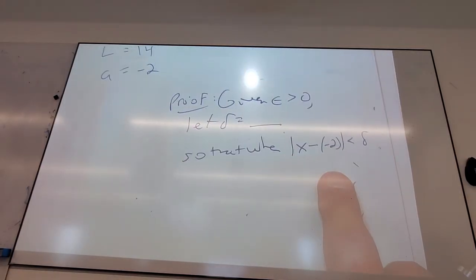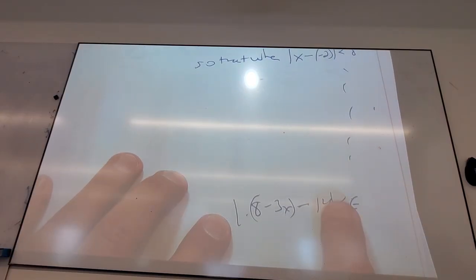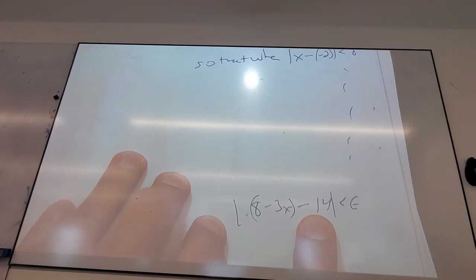So when I am this close to negative 2, that forces me to be this close to 14. That's the idea.